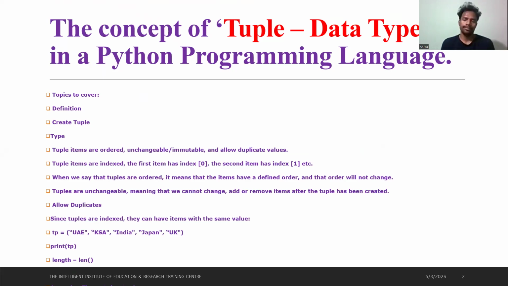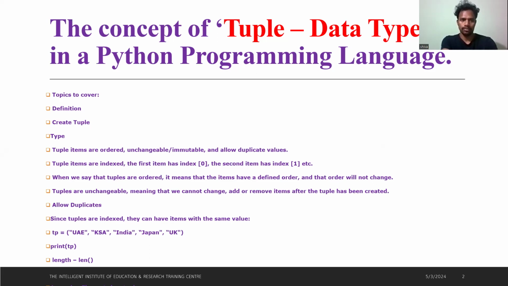Here in a tuple, it also contains multiple data types, and each element is separated by a comma. And here we use parentheses, not square brackets.